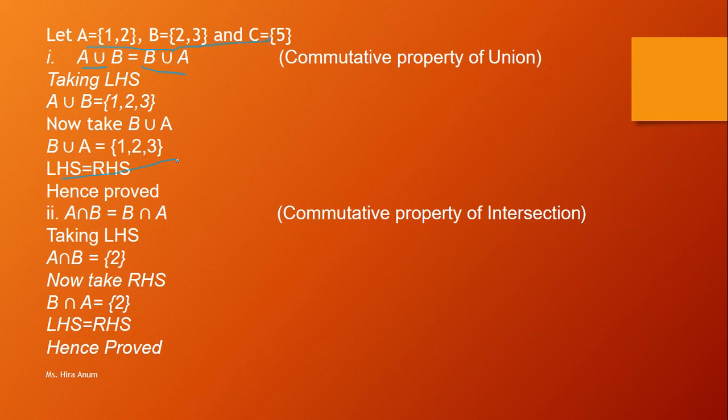Our answer will be satisfied. Then you may want to change these set elements and try on this. It's a better opportunity to know how it works. A intersect B equals B intersect A. Then taking intersection, the answer will be the same.